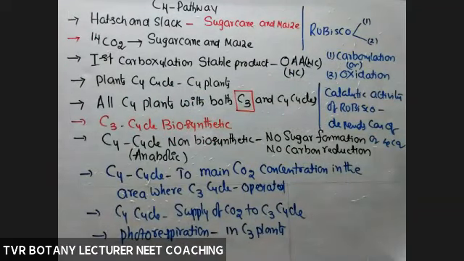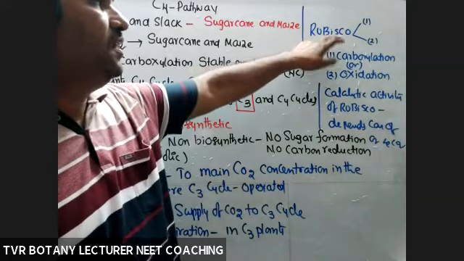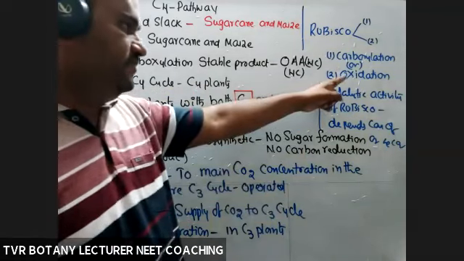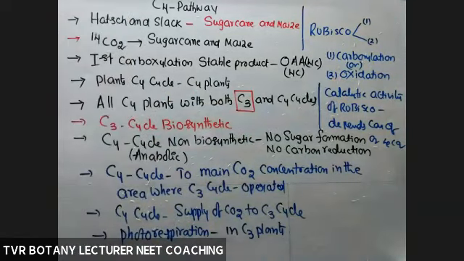So the catalytic activity of Rubisco depends on the concentration gradient between oxygen and CO2. If the concentration of CO2 is more, carboxylation, C3 cycle will be operated. Otherwise, if the concentration of CO2 is less than the concentration of oxygen, it leads to oxidation, decarboxylation.